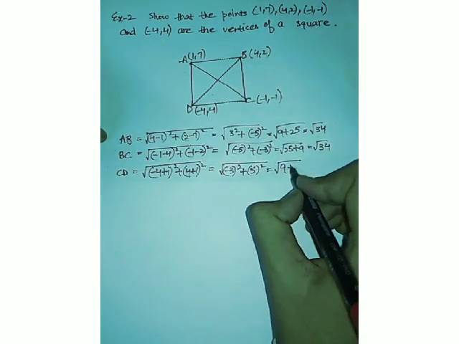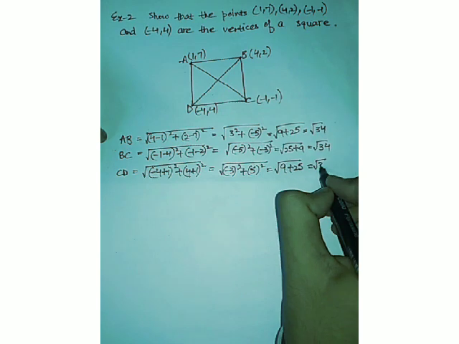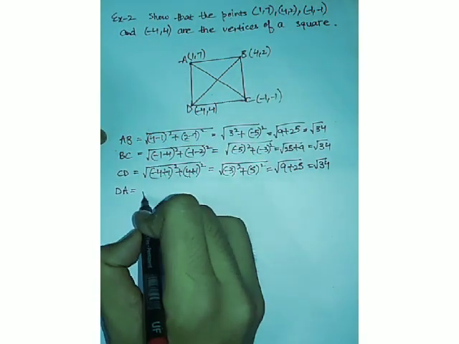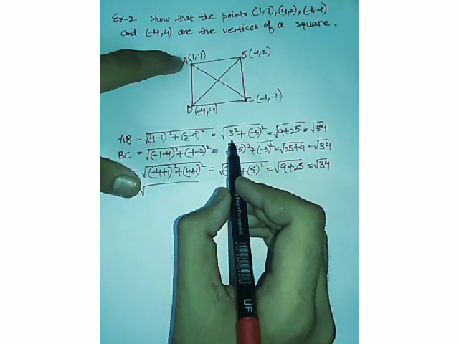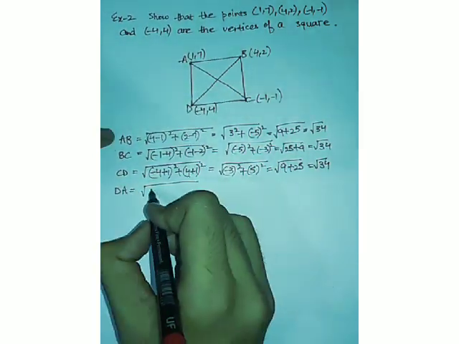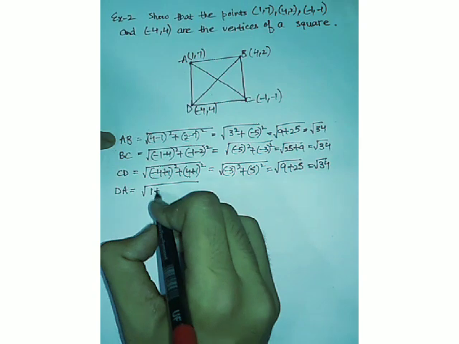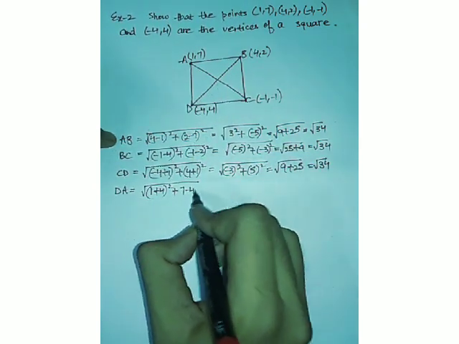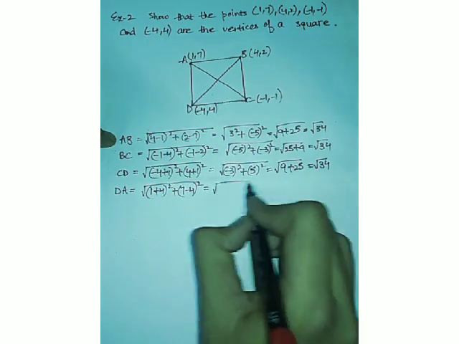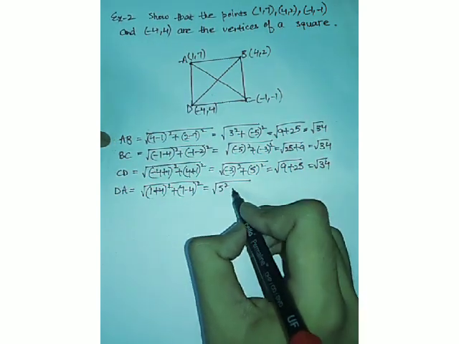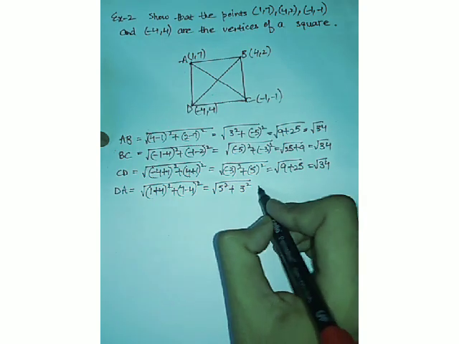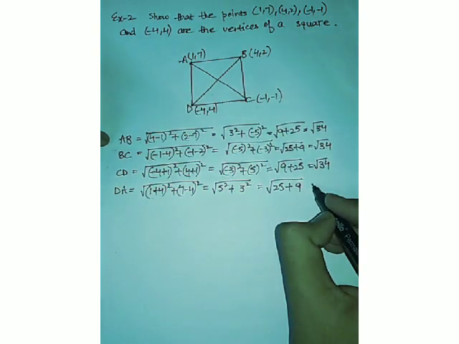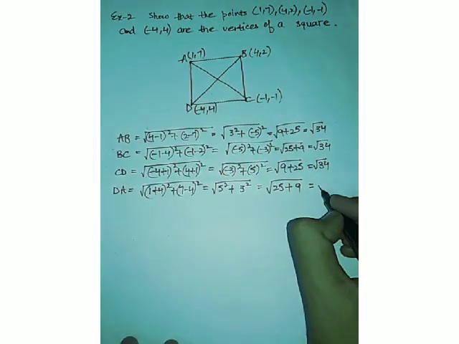Minus 3 square is 9, and 5 square is 25, it's again root 34. Now DA. What is DA? This will be x2 y2 and x1 y1. 1 minus minus 4, that is 1 plus 4, 5 square, plus 7 minus 4, 3 square. You will get 25 plus 9, which is equal to root 34.